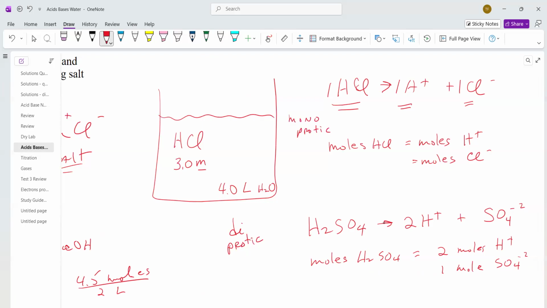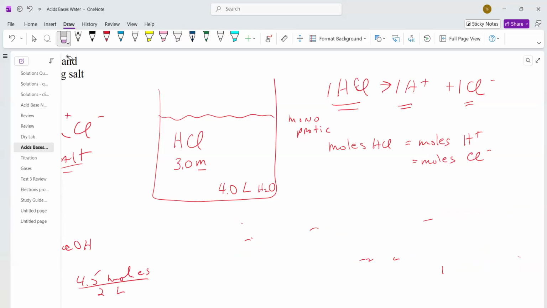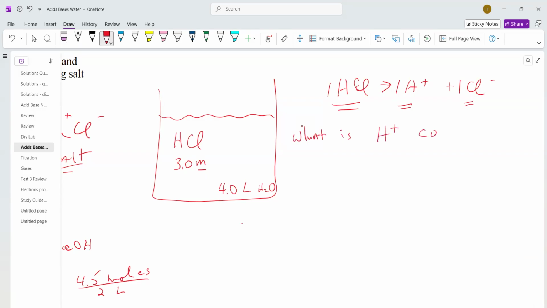So the question on this problem here: what is the hydrogen ion concentration?